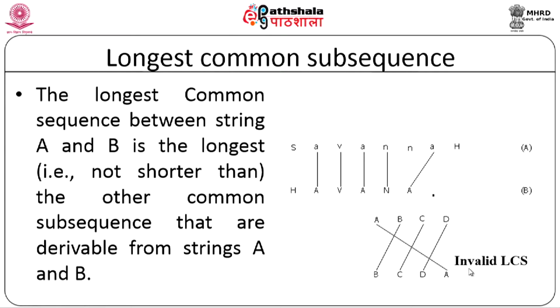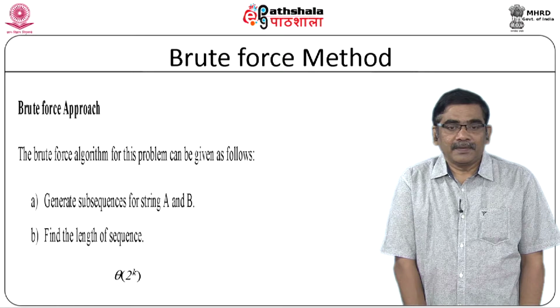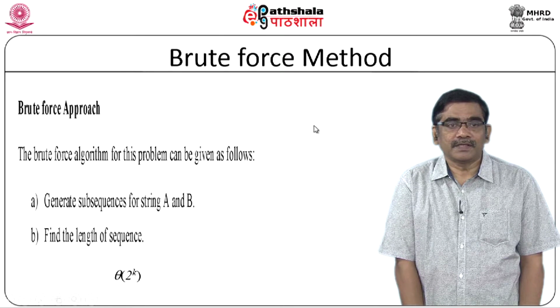In other words, the longest common subsequence is obtained by putting the strings, establishing a one-to-one relation and counting the number of matches they have. We can solve this problem using the brute force method.